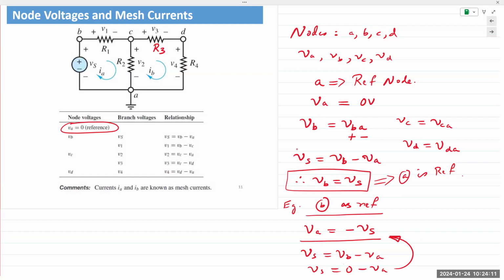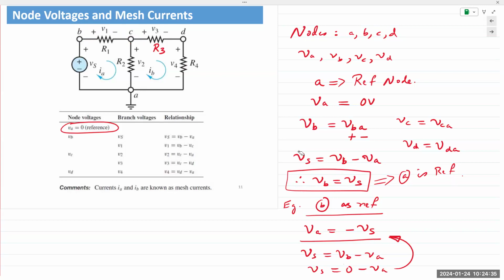The reason is each resistor has two terminals. As an example, R1 is connected between B and C. From my assumption, I've already noted that B is at a higher potential than C. My current is going from left to right.